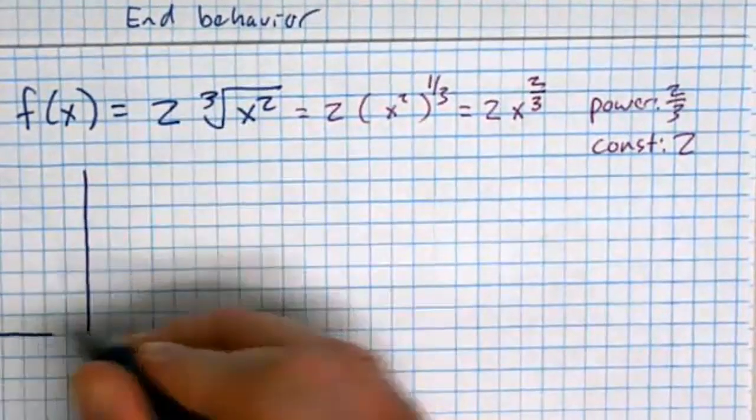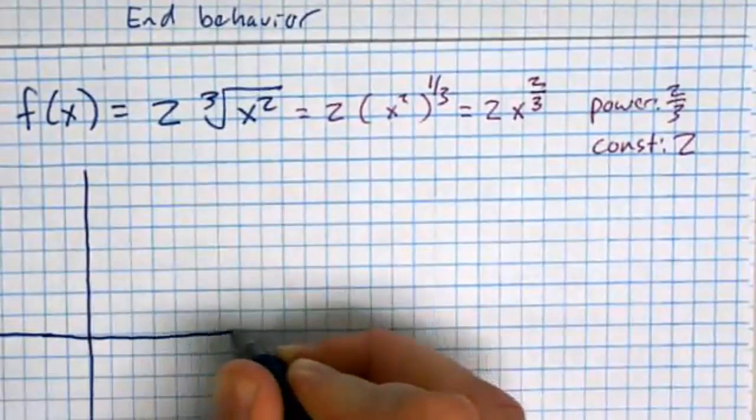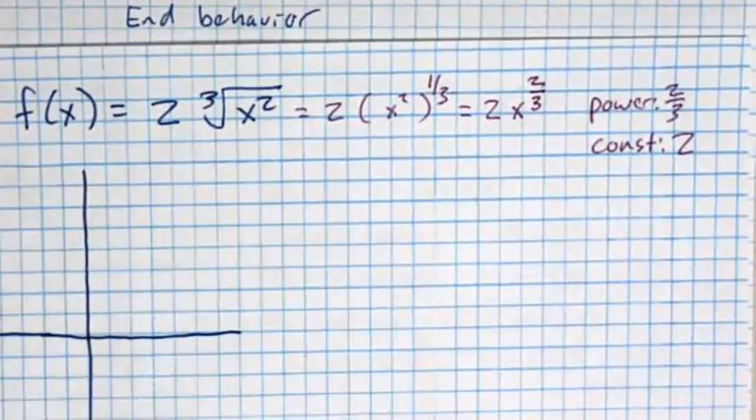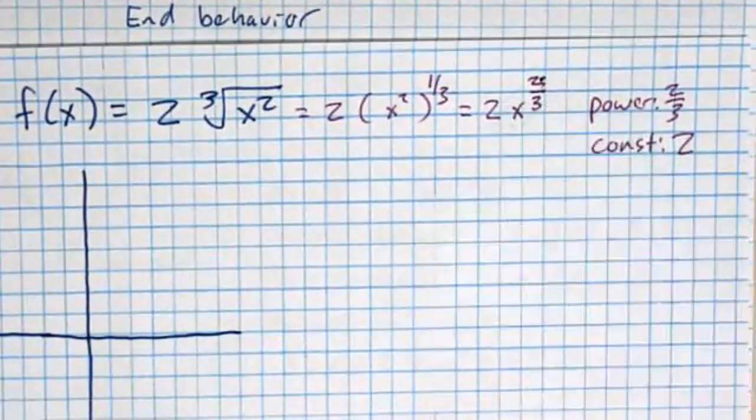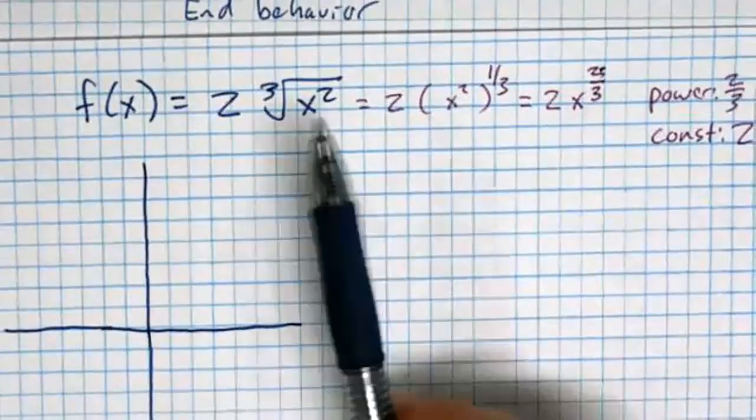Now, I will be honest with you, I'm not 100% sure I know what this looks like. 2/3 is less than 1. So I don't know, I think it's going to kind of look like a square root-ish looking thing. But I also think it seems like it's going to be an even function.